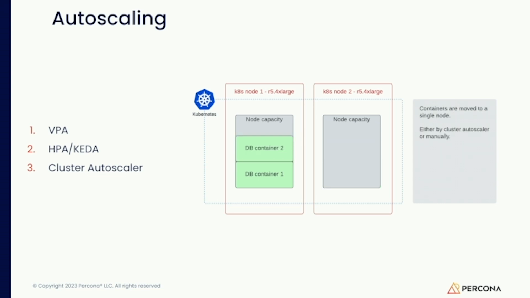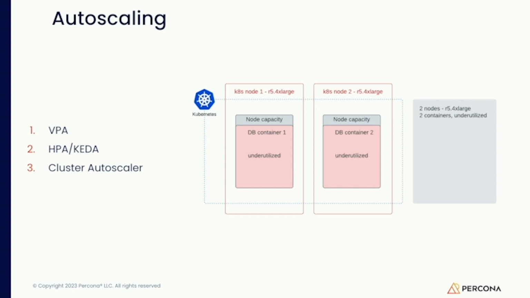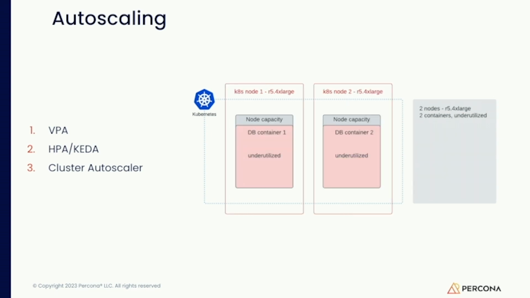First is the vertical pod autoscaler, which looks at the utilization of the resources within your pod, and if it's enabled, it has the power to adjust that. So right now you have 4 CPUs, but your pod was consuming around 90%, let's say, for some time. The trend is you need more, so it will add, for example, 1 CPU to make it 5, not 4, to compensate for that. And in the same way, it can of course scale it down.